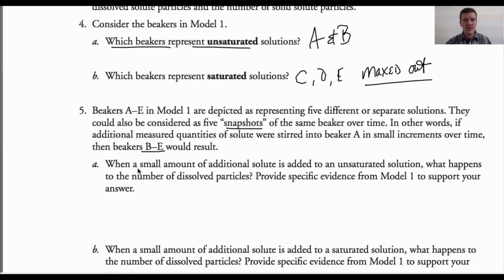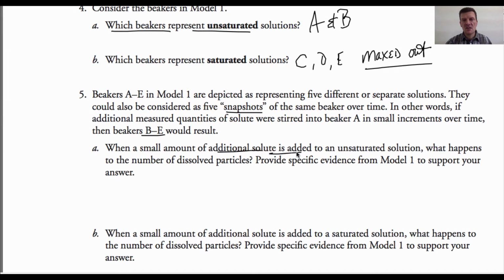When a small amount of additional solute is added to an unsaturated solution, what happens to the number of dissolved particles? Provide specific evidence from Model 1 to support your answer. Well, the number of dissolved particles is going to increase.